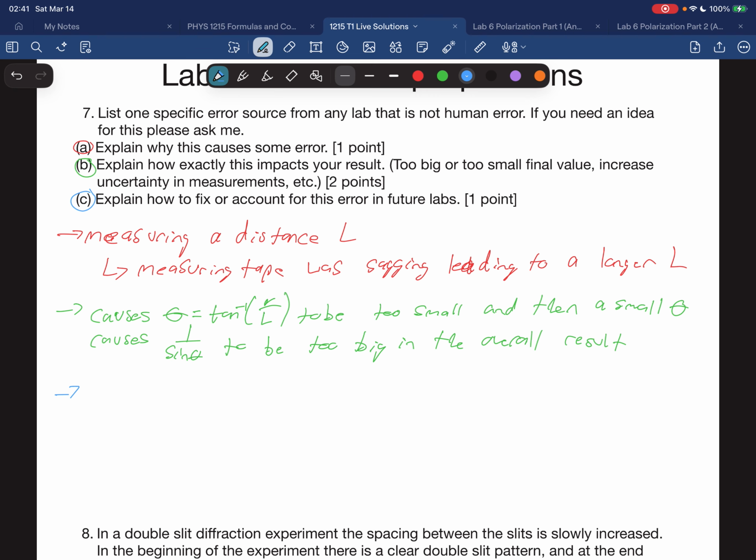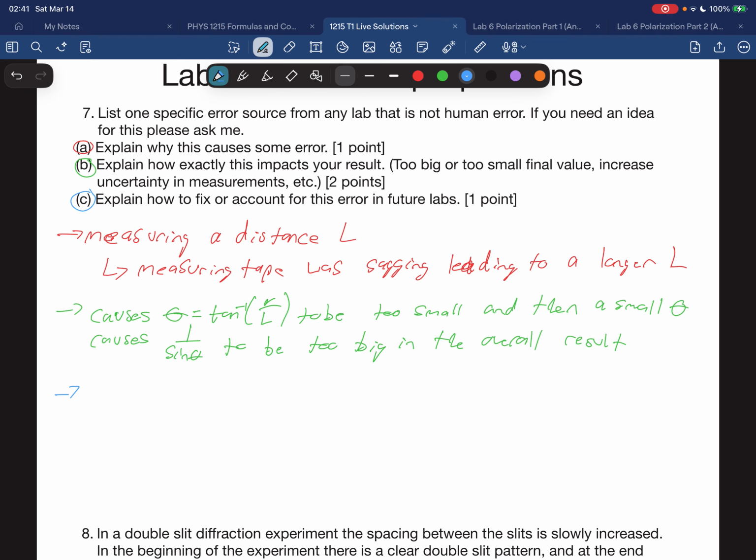I'm not too worried about that though, because we're talking about what could cause that percent error. What I was really looking for in part B was a logical breakdown of how it could impact your results specifically, not just you saying it could be too big or too small. I wanted a very specific answer.